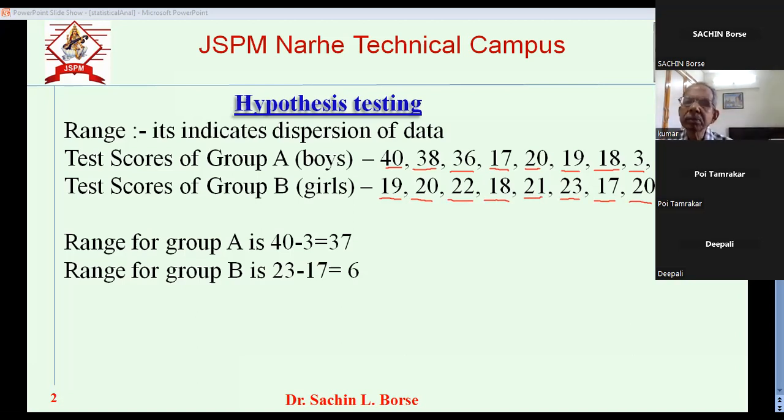So find out the mean. For the girls, is it 19? Please check. I calculated it as 20, I may be wrong. Add all the numbers and then divide by 10, because the number of readings is 10.